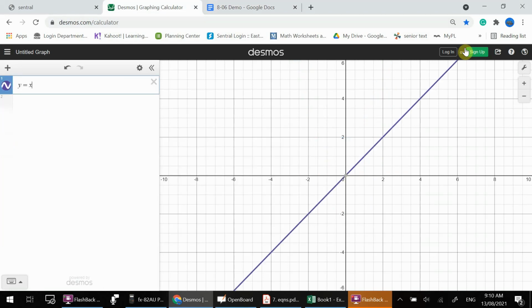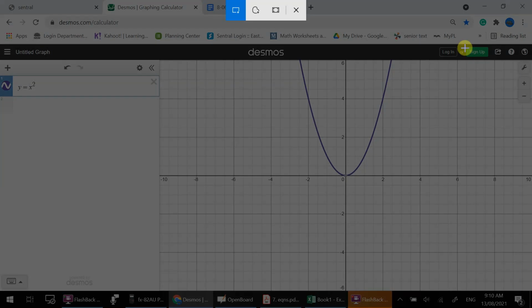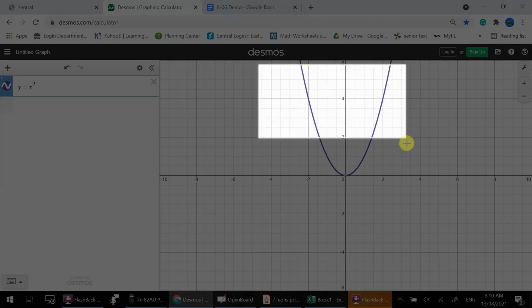y equals x squared. Remember shift and 6. There we are. Now I've discovered a way, thanks Antonio, to get a quick way to cut this. So you press shift, the Windows button and S. Darkens the screen. Click on that and we just highlight what we want.